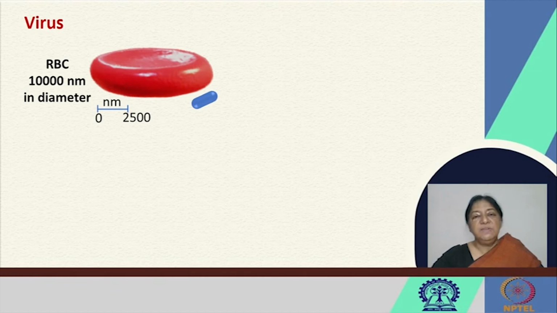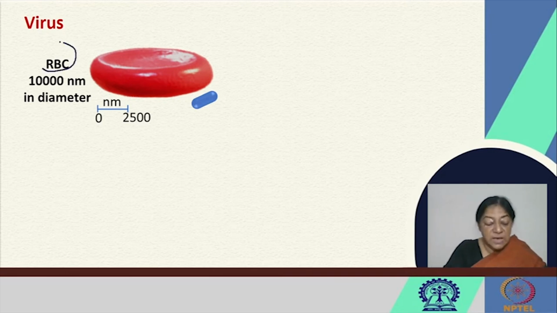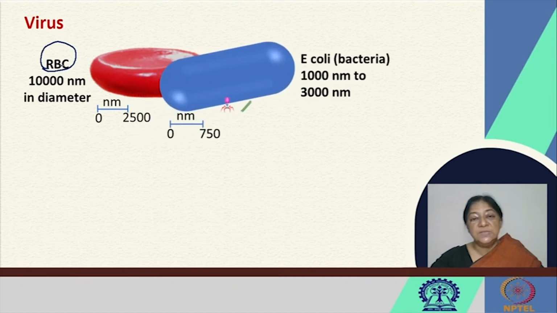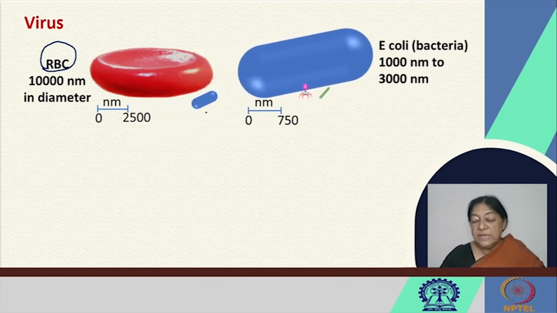If we look at the size comparison of the virus, this is the RBC, the red blood cell, as we can see in the diagram here, and associated with this blue rod is an E. coli bacteria. The size ranges from 10,000 nanometer to 1,000 to 3,000 nanometer.